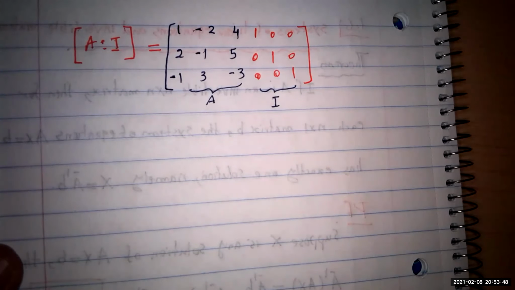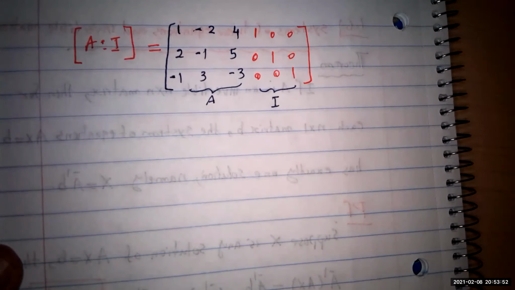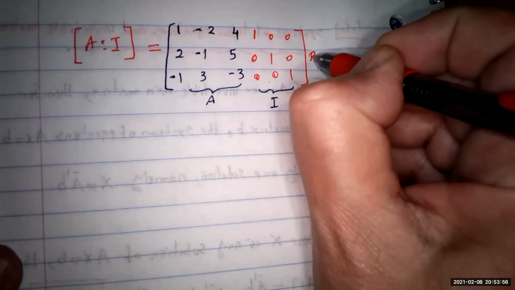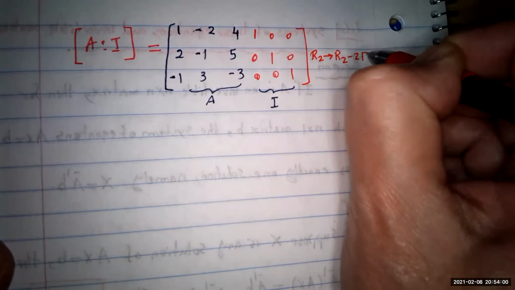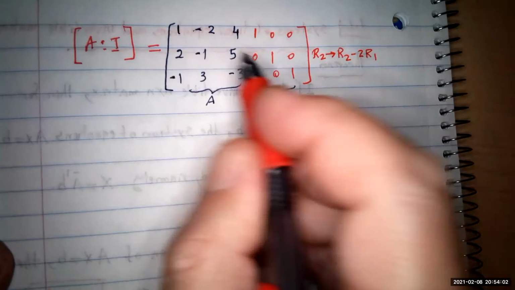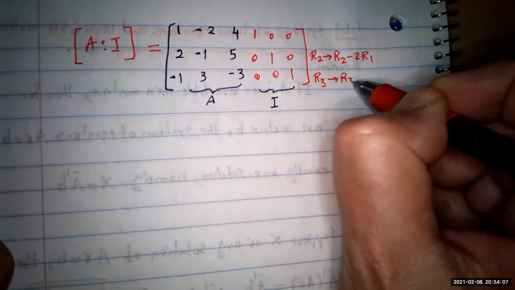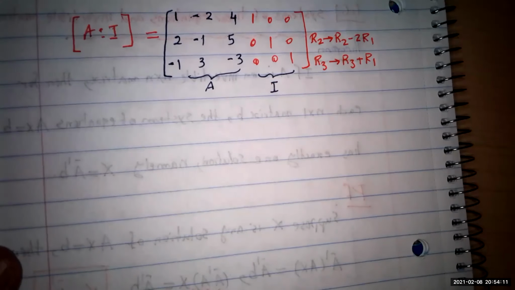The first column is already 1, so we are done with the first column. So we have to change these into 0. So R2, we change to R2 minus 2R1, and R3 we change to R3 plus R1, to get the 0s right away.